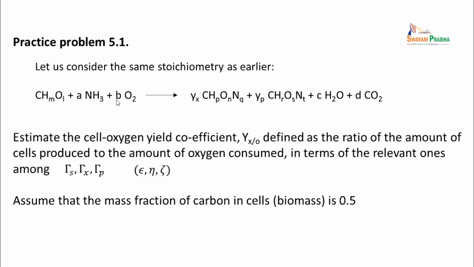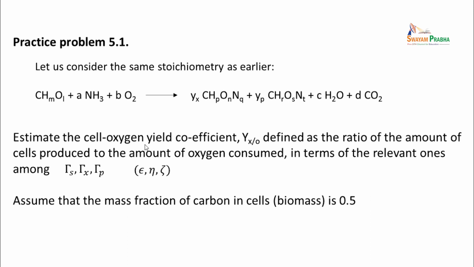CHmOl plus aNH3 plus bO2 giving you YX CHpOnNq plus YP CHrOsNt plus cH2O plus dCO2. These are the stoichiometric coefficients a, b, YX, YP, c and d.